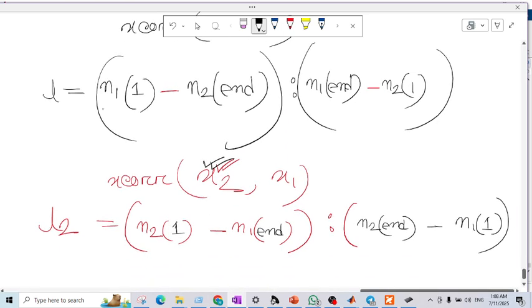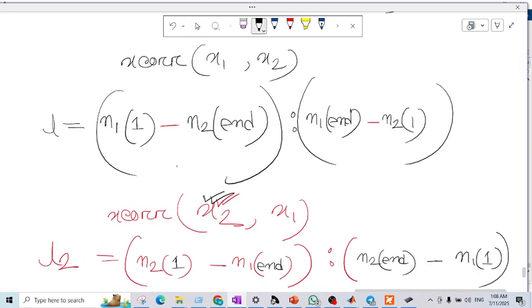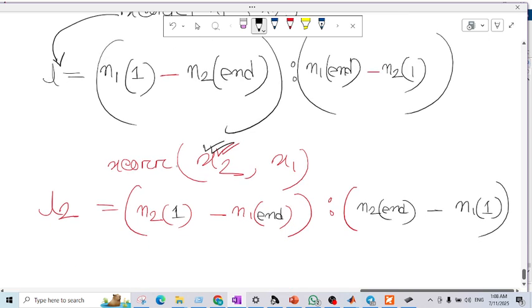So this is my formula for L. If you use x1 comma x2, your L looks like this, and if you use x2 comma x1, your L will look like this.